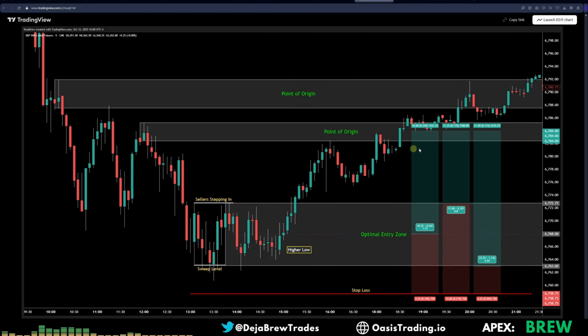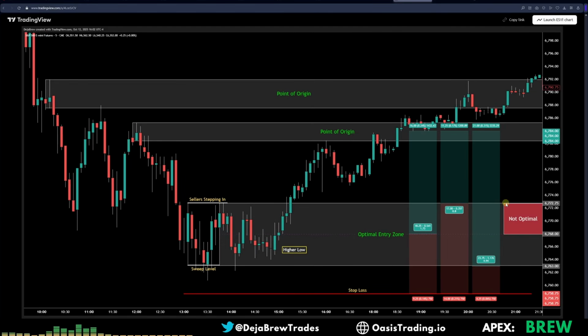So we could say, based on this, the upper portion of this zone is not optimal. It's too late. Like this breakout right here, this is too late. The reason it's too late is because of our risk to reward without moving our stop loss. That is a very key point like we talked about earlier.